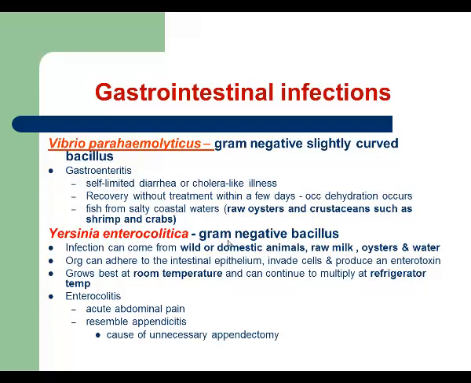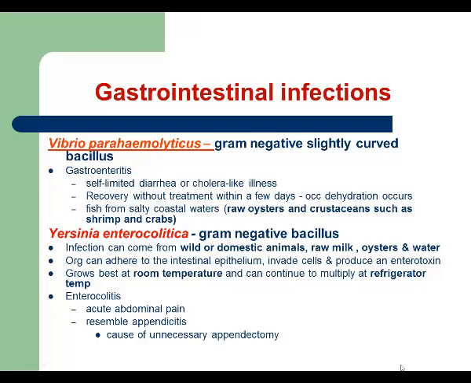So basically we keep our food in the refrigerator to keep it from spoiling. But as I said, Yersinia enterocolitica will grow at room temperature pretty well, and it will continue growing in the refrigerator. The source of infection will be contaminated food, water, and domestic animals.